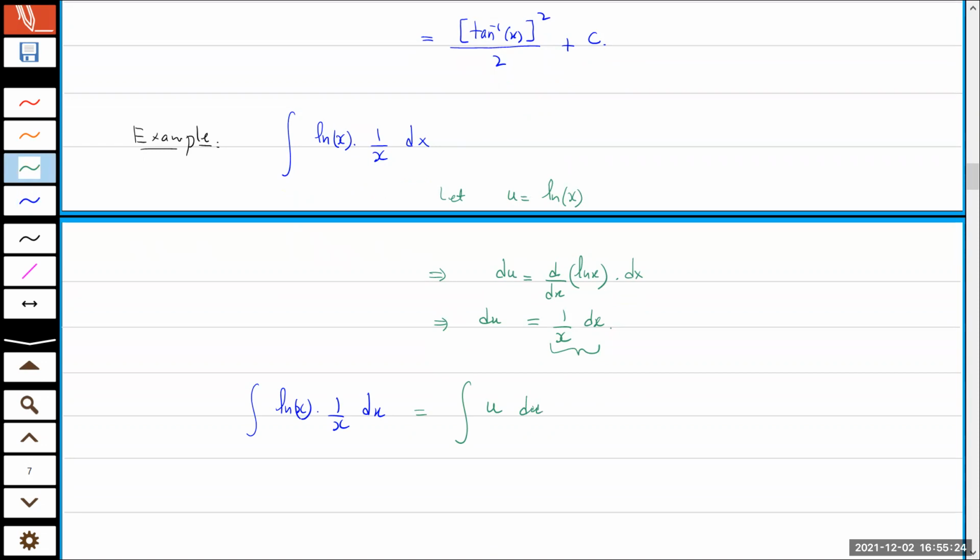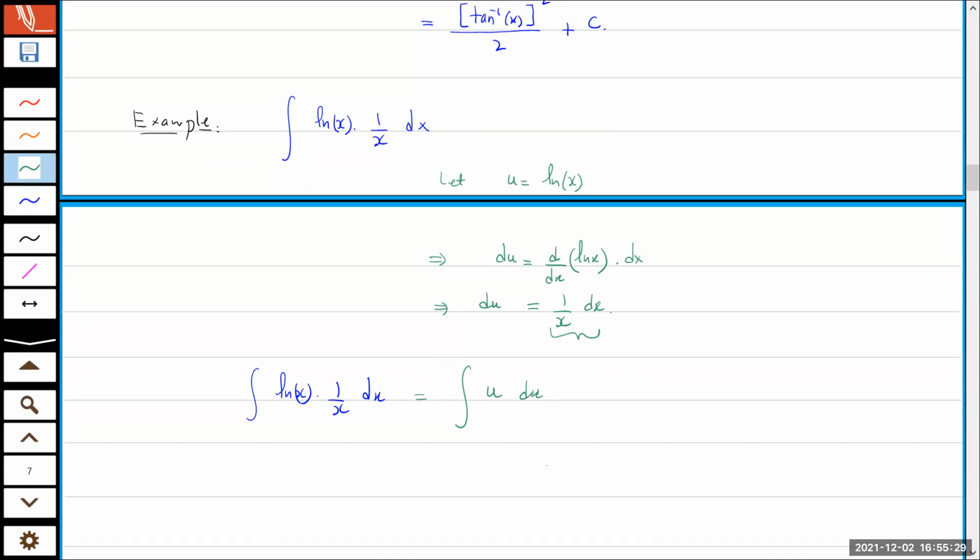I have rewritten my integral completely in terms of u now, which is a great sign. Now, this is u squared over 2 plus c. It's the integral with respect to u. Now I go back to my substitution, u equals ln of x. This must be ln of x whole squared divided by 2 plus the constant of integration. Sweet.